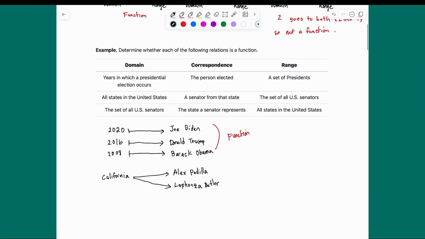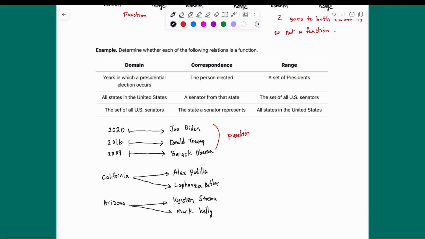Likewise, if you took Arizona, I can't spell today, Arizona would get mapped to Kyrsten Sinema and also to Mark Kelly.